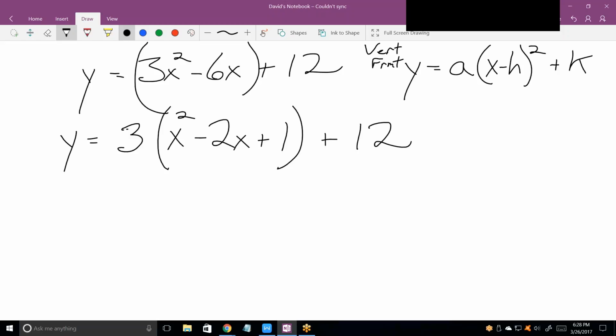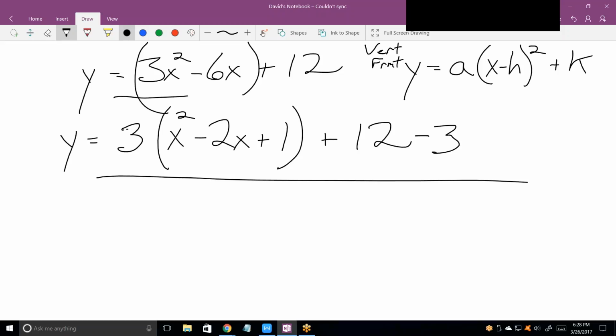Not really. I added 1 times 3. So 3, which means I've got to subtract 3. Now, this is identical to that. And I'm checking at every single step of the way so that I make absolutely certain that I have not changed anything.